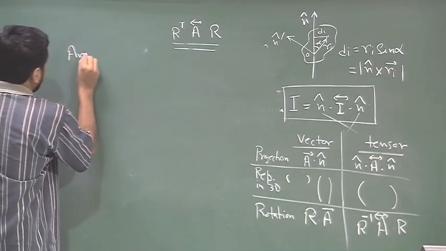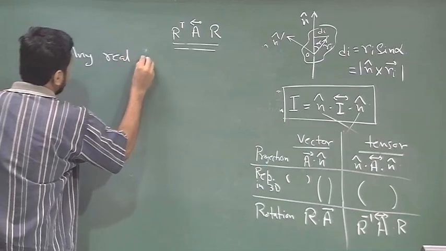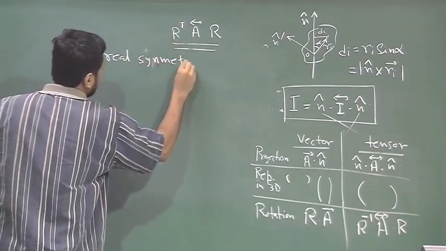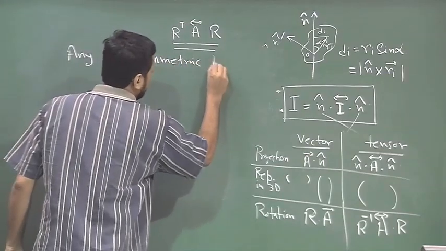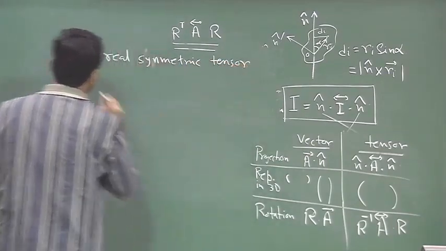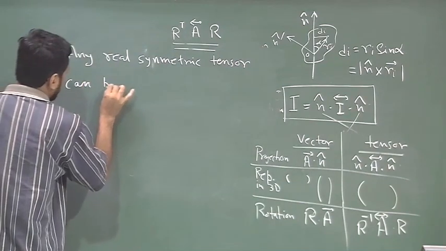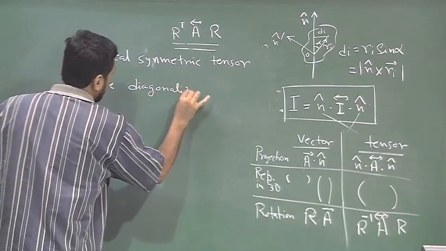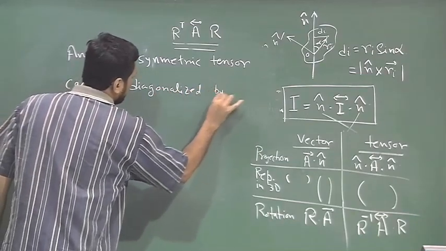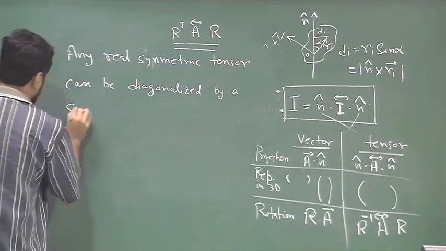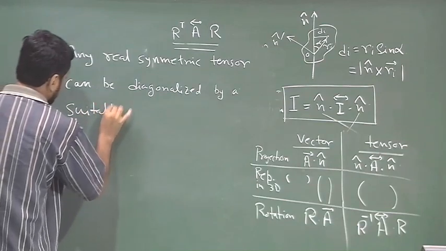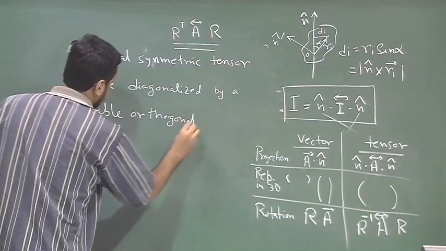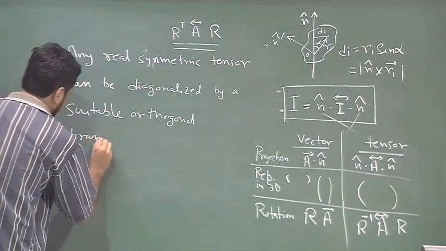any real symmetric tensor can be diagonalized by a suitable orthogonal transformation.